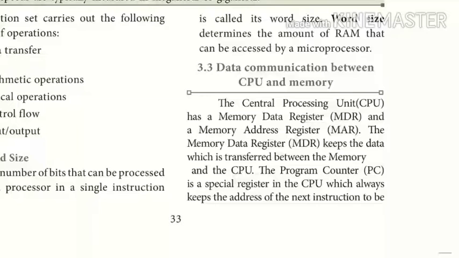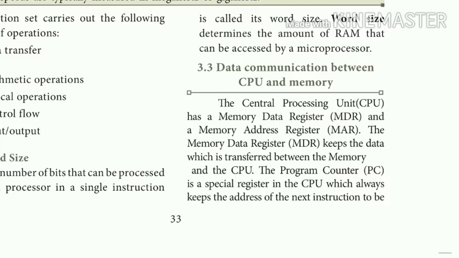The central processing unit (CPU) has a memory data register (MDR) and a memory address register. The memory data register only handles the data which is stored inside the register, but the memory address register is responsible for the address, which contains more values.